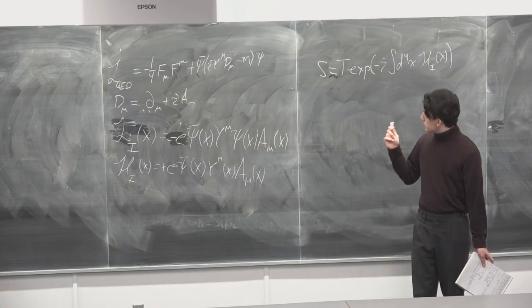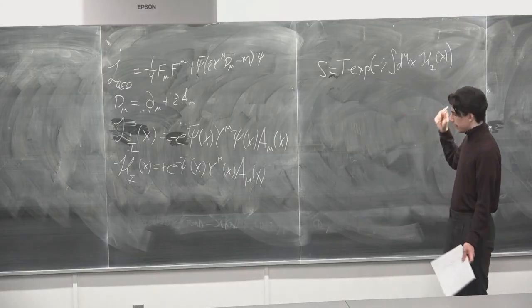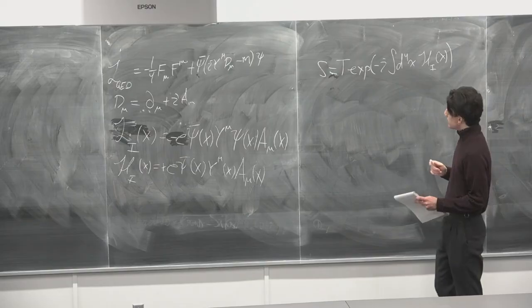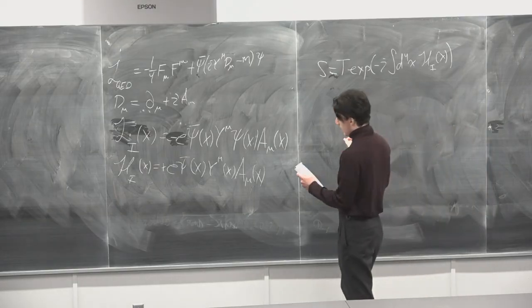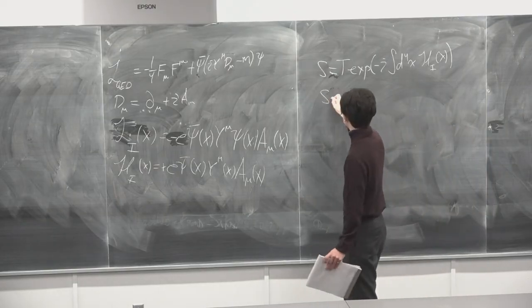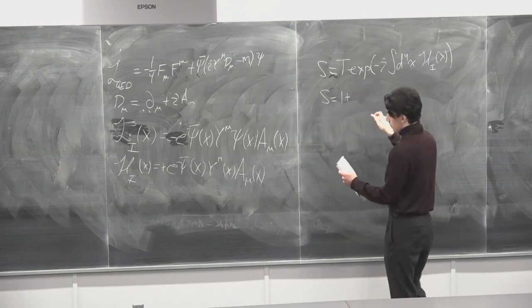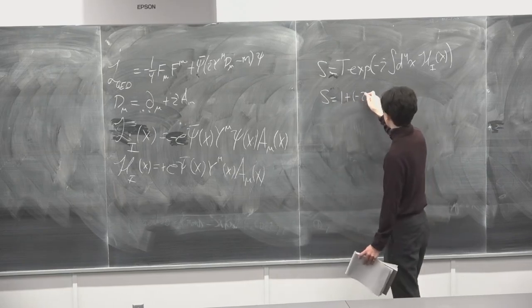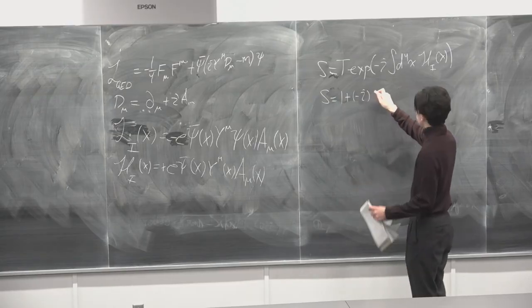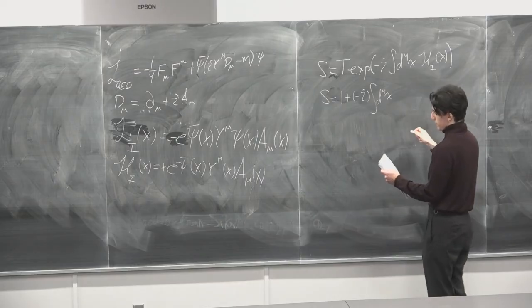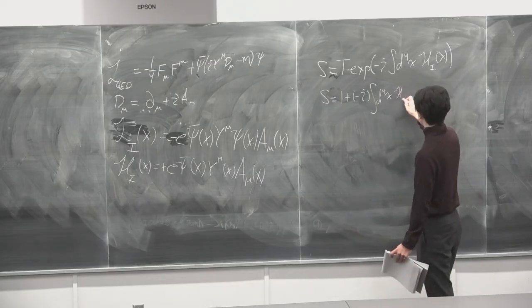Yeah. So we can use this to define our in and out states. So what's called the Dyson series, we can expand to second order. So S is equal to 1 plus minus i integral d^4x H_I(x). I promise this doesn't mean so this is just our first term.